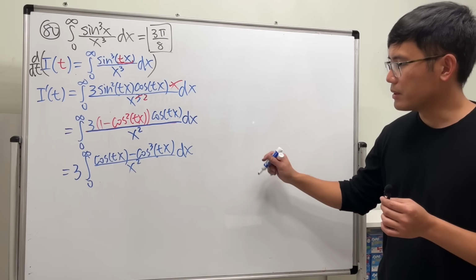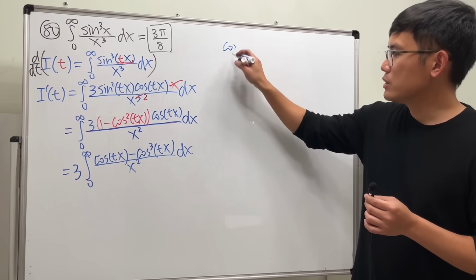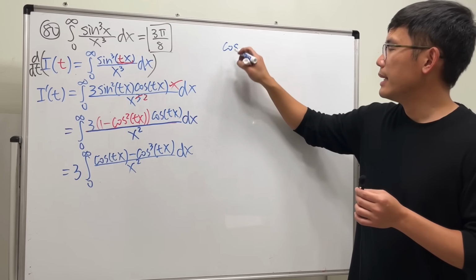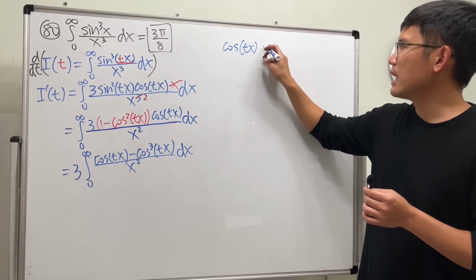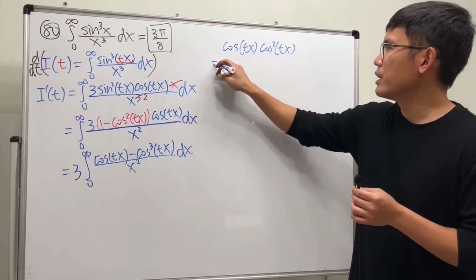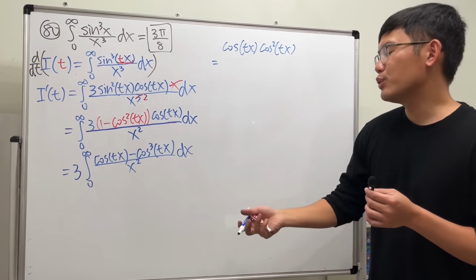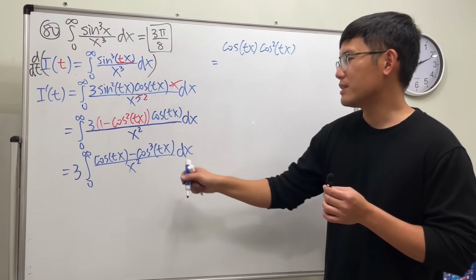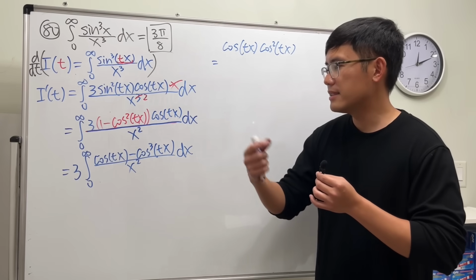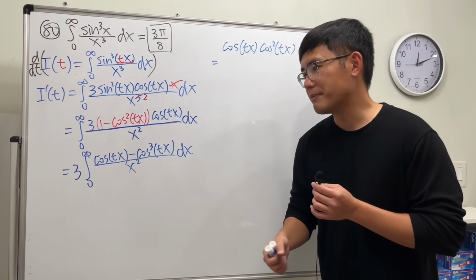So how do we go about this? Let's say we have just that part, cosine of tx times cosine squared of tx. Okay, this right here is, oh, there are two ways to go about it, I remember. One is you can write the cosine triple angle formula, and then it has the third power part, and you isolate that.